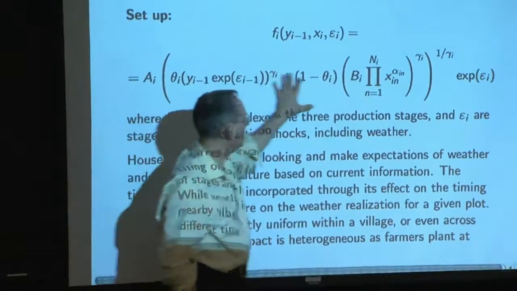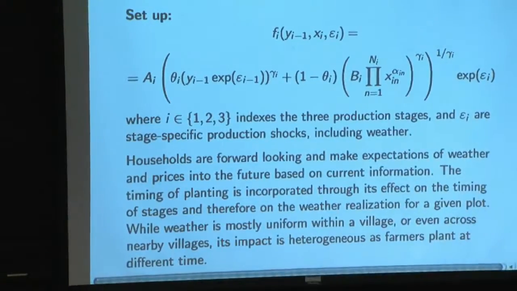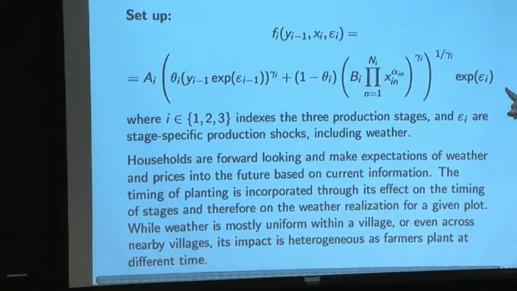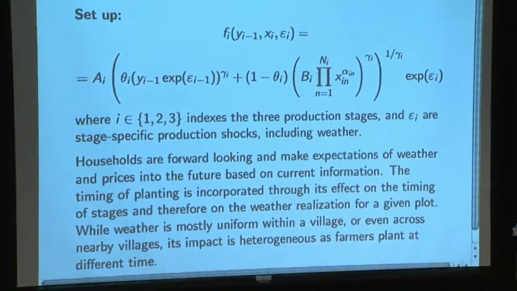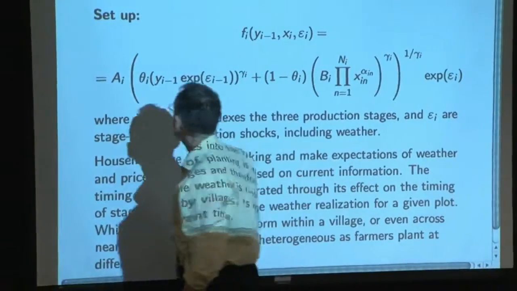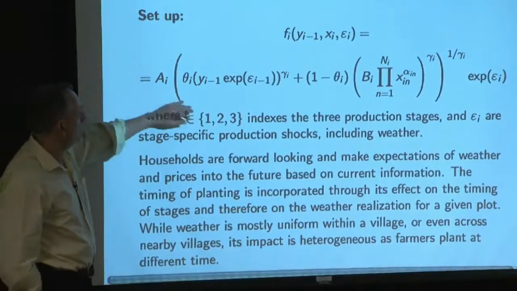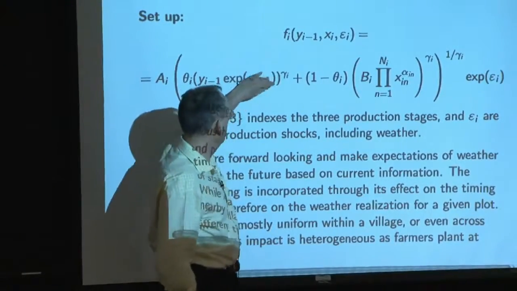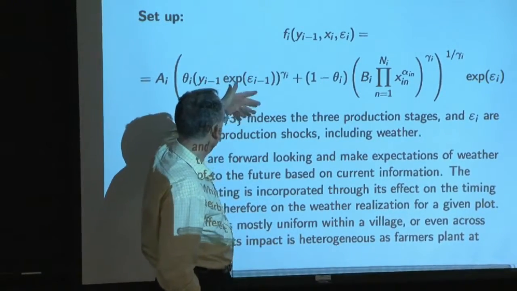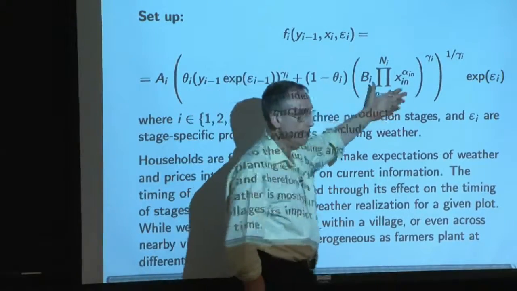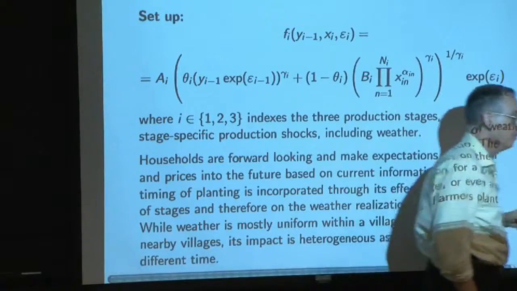And then all of this gets hit at the end of the period with more shocks, including rain and temperature. Okay, so this is not a Cobb-Douglas, it's a CES that allows some substitutability to be estimated between the current state and contemporaneous inputs.